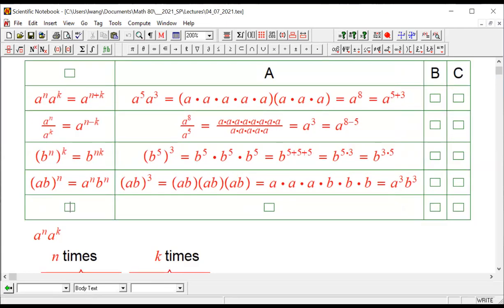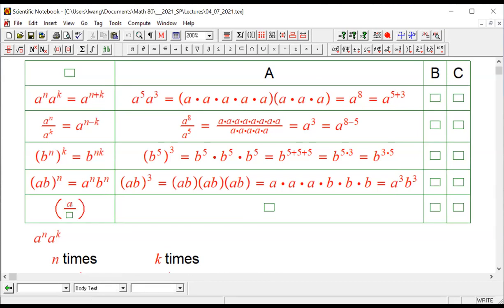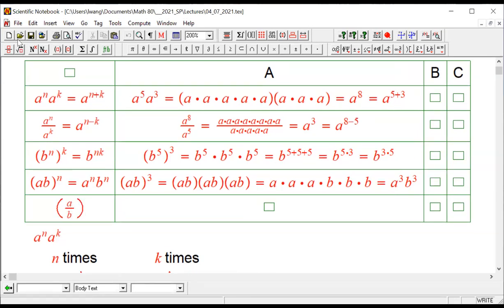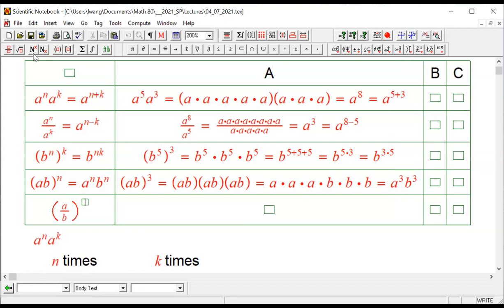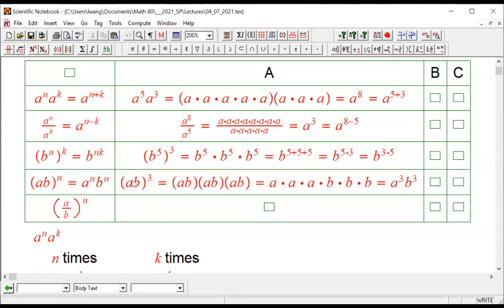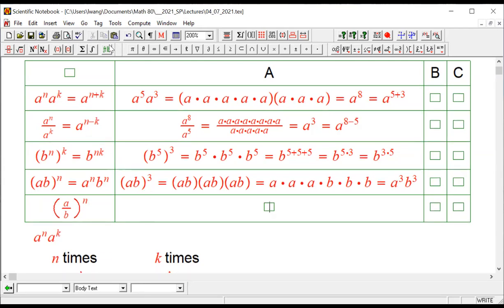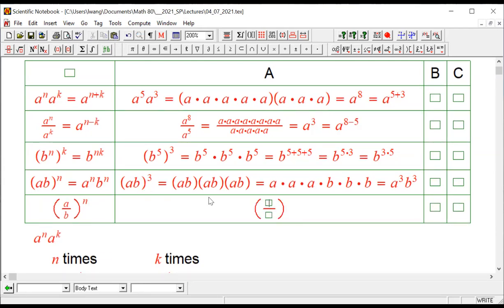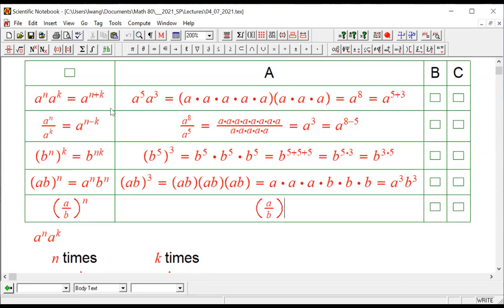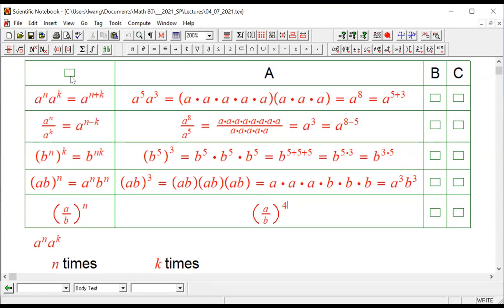And the same will be true for division. To the power of n. Okay. And we have a division, which is, you know, this example we have here, A over B to the power of 4. And what would that be?